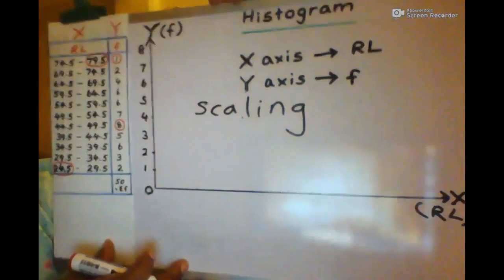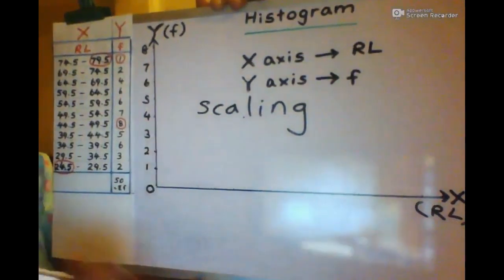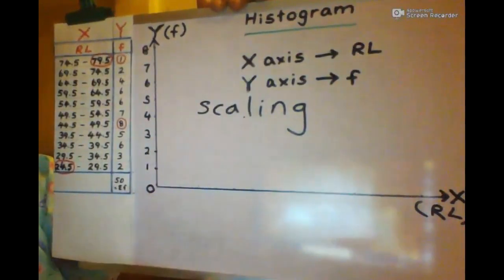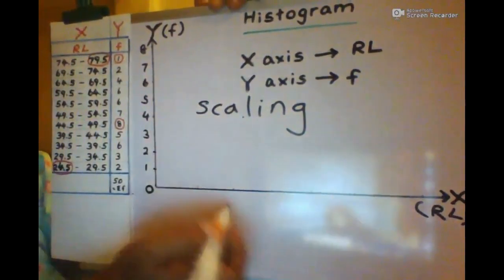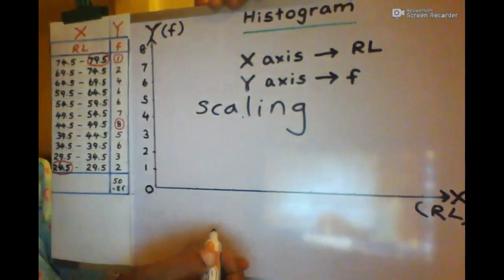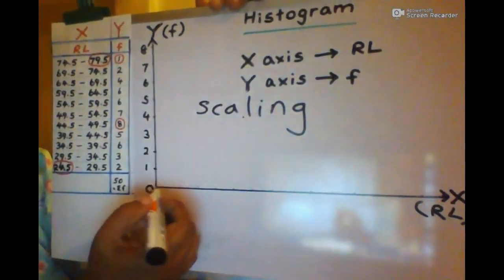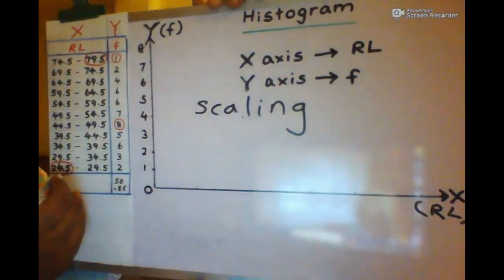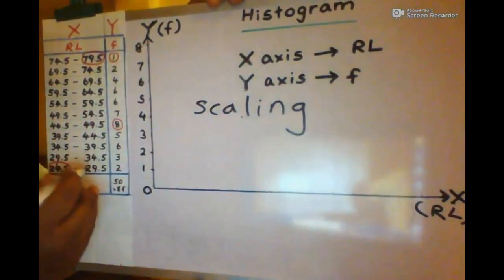Now we are going to scale the x-axis. There's something you'll have to remember. This is very important. When you are scaling the x-axis, always do it like this. This is 0 and it goes on. Go to the lowest one, 24.5. Before that, count the number of classes.